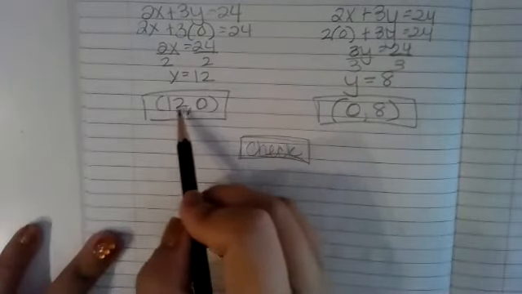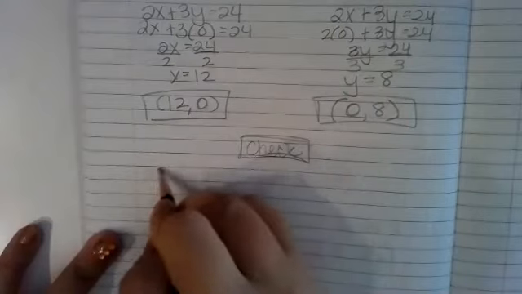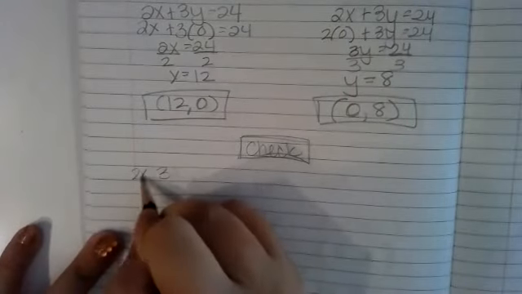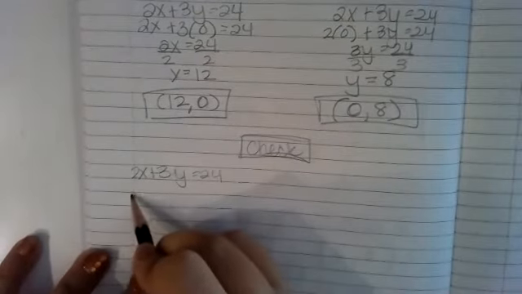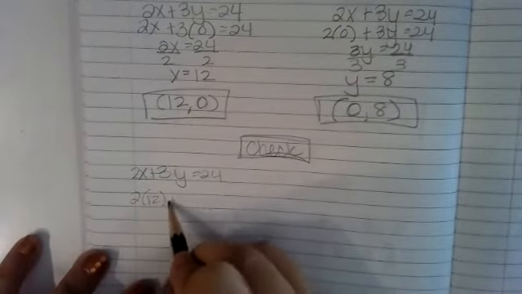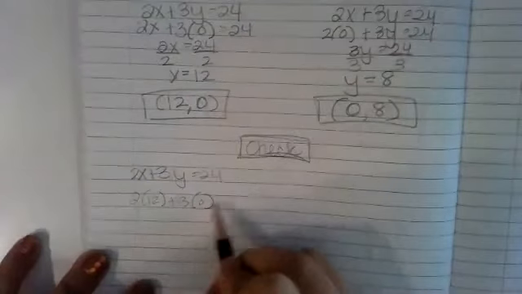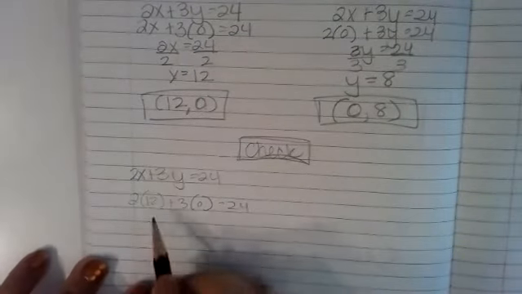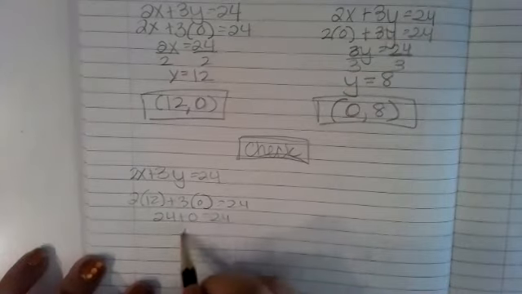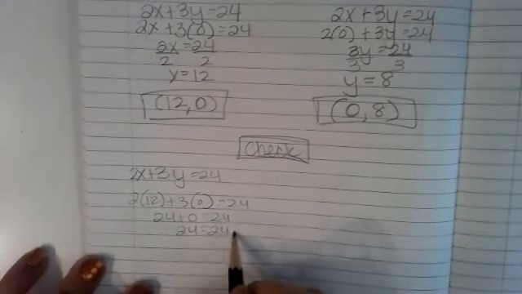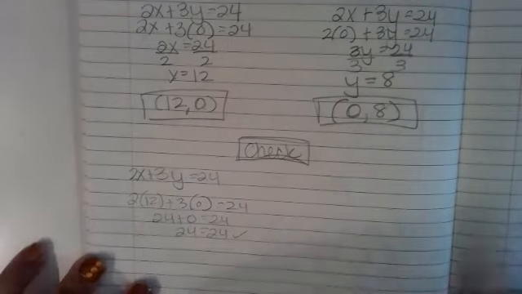So this one here is 12 comma 0. So I have 2x plus 3y equals 24. So this would be 2 times 12 plus 3 times 0 equals 24. This is 24 plus 0 equals 24. 24 equals 24. So my math is correct there.